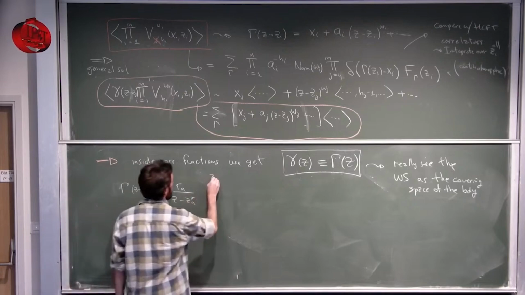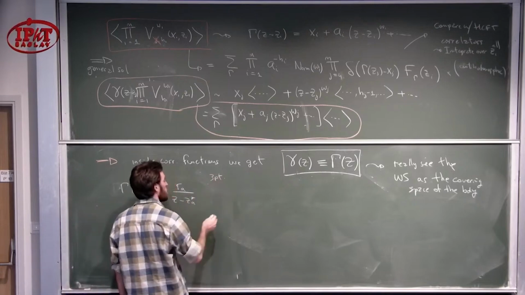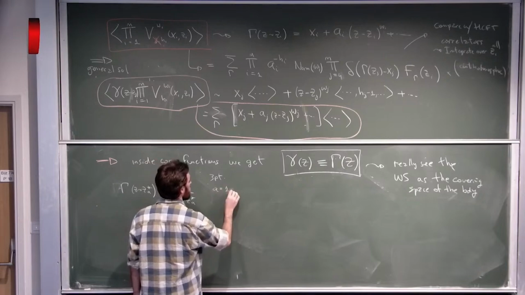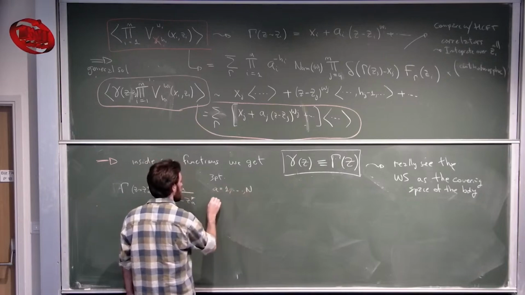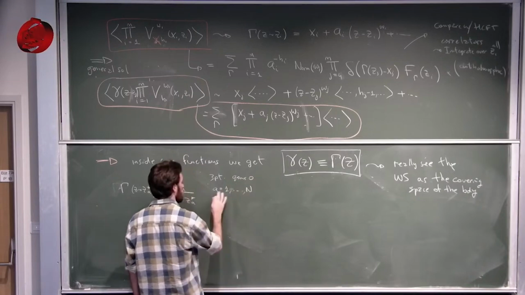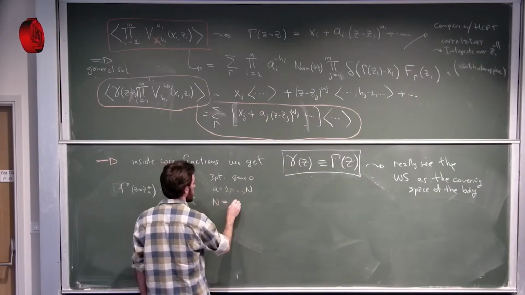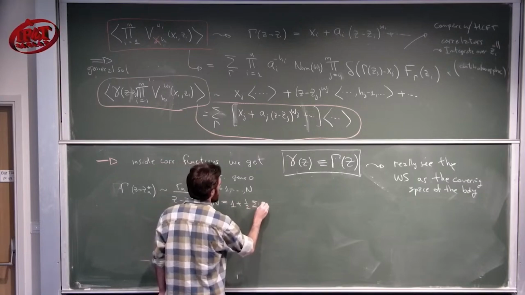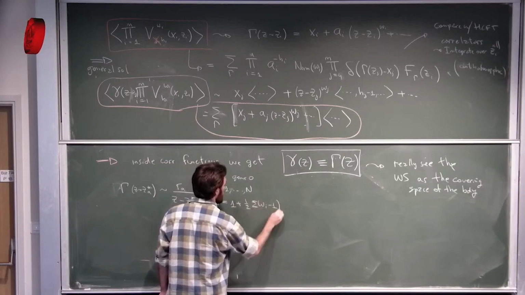For example, for 3-point functions, when the covering map exists, a goes from 1 to n, at genus 0, where n is 1 plus half the sum of omega I minus 1.